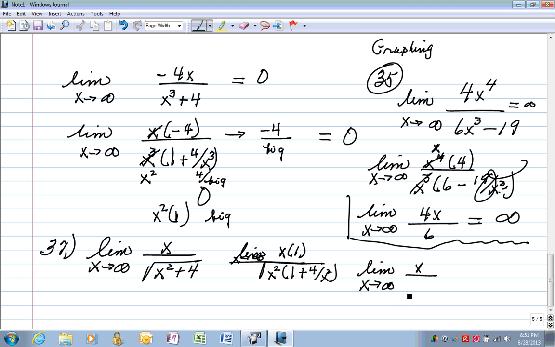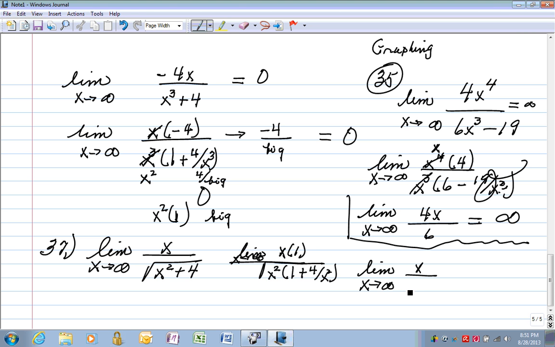Let's get this out of the way. The square root of x squared is the absolute value of x. More time. The square root of x squared, algebra 1, is the absolute value of x. You determine its sign by looking at where x is going.